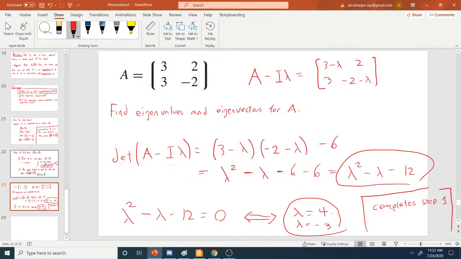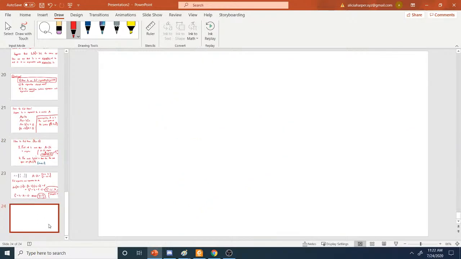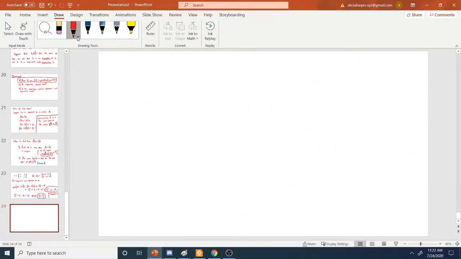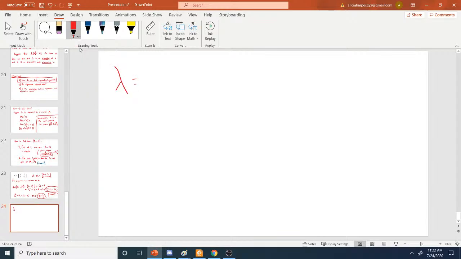For step 2, I have to look at each of these lambda values that I found, and I have to find a basis for the null space of A minus I lambda. So first, I'm going to look at lambda equals 4.